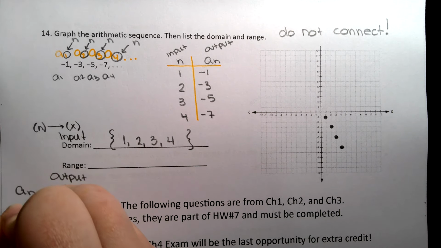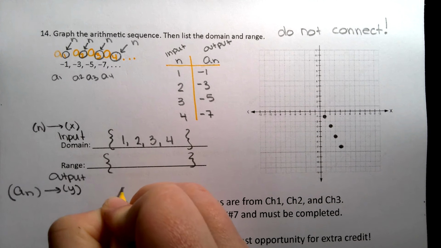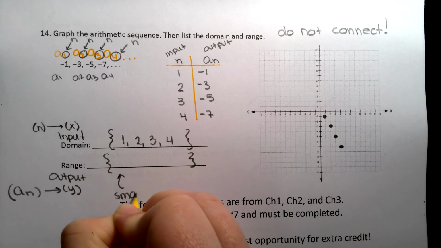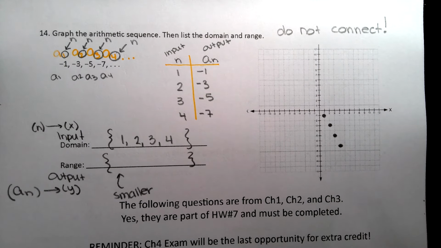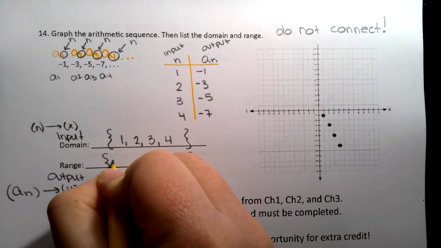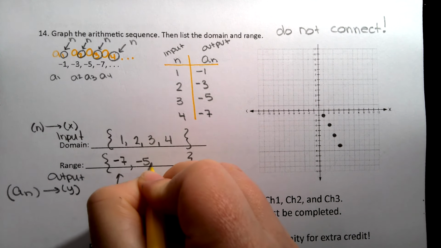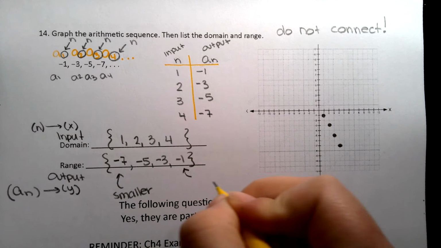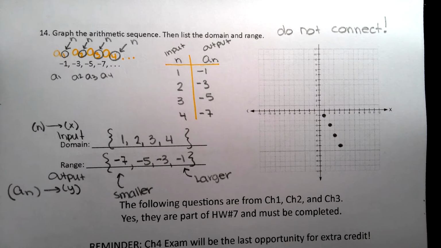Instead, we have a sub n. So we're going to list our numbers from smaller to larger. So the smaller number is going to be actually -7, and the largest number is going to be -1. So be careful. You're always going to put your smaller numbers on the left and your larger numbers on the right.